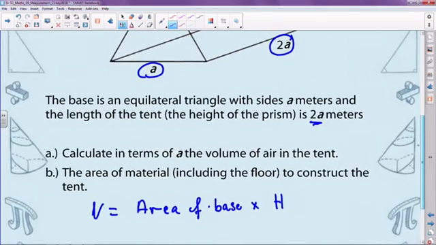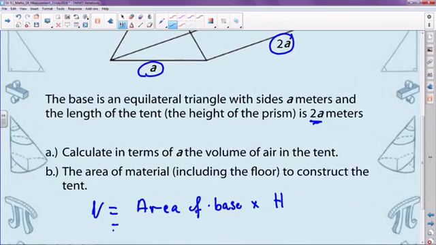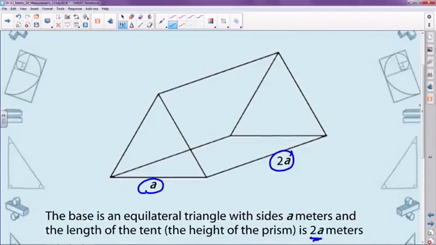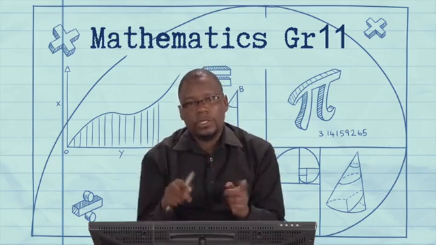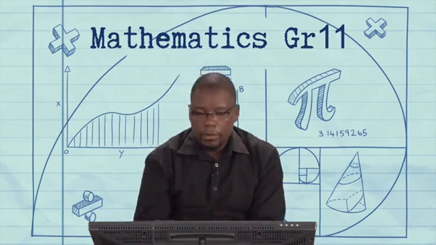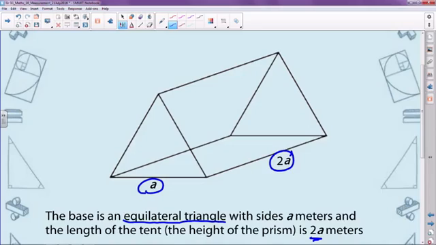Now, you've got the area of this triangle. Now, guys, if you go back to your question and read carefully, the base is an equilateral triangle, okay? So an equilateral triangle, so we've got all sides equal, right? So now, if this is A, that will be A, and that is also A, right?